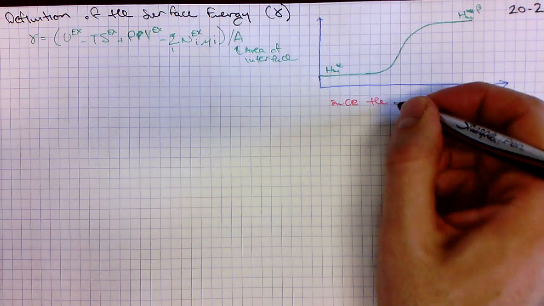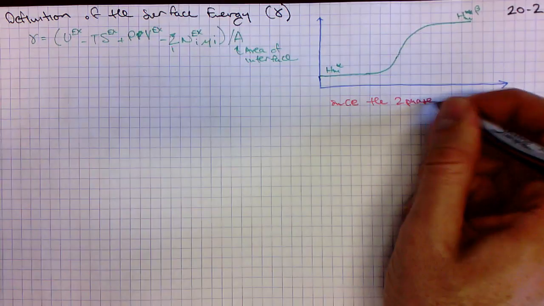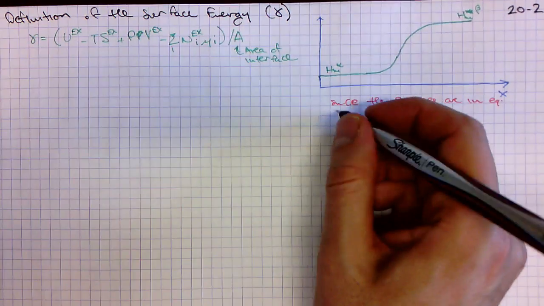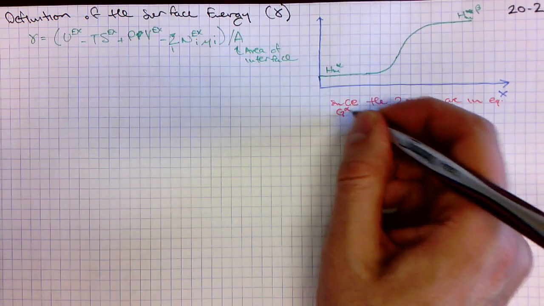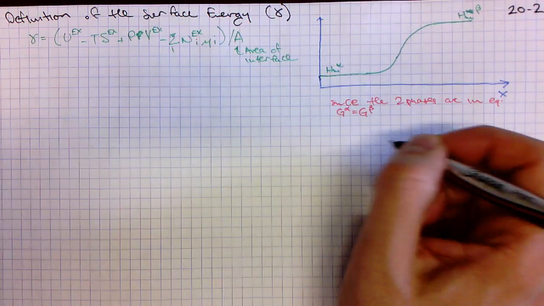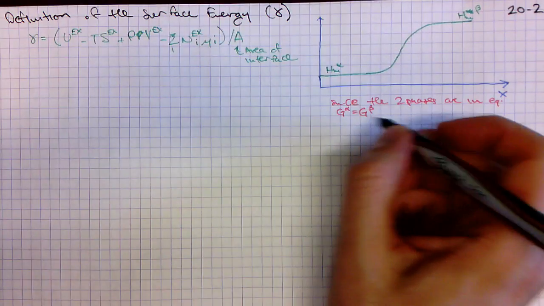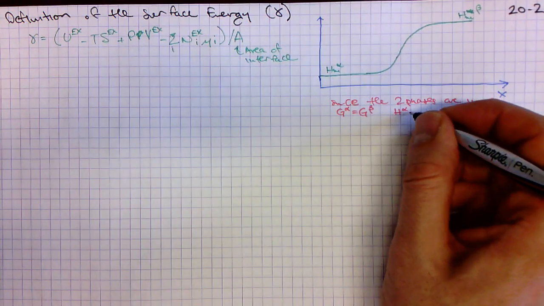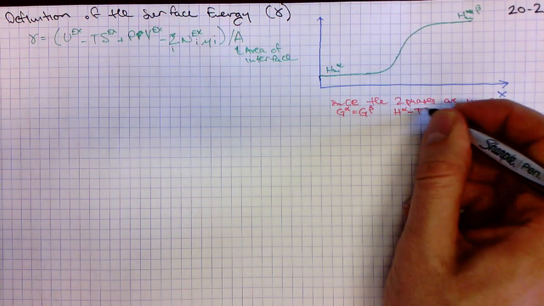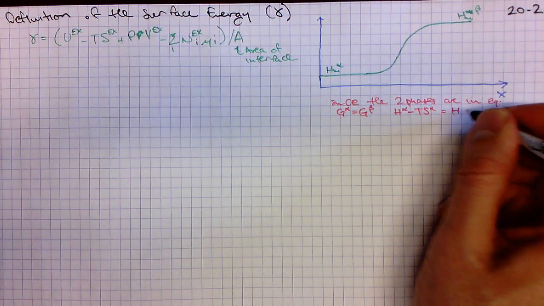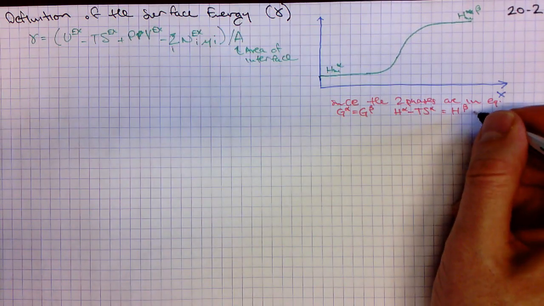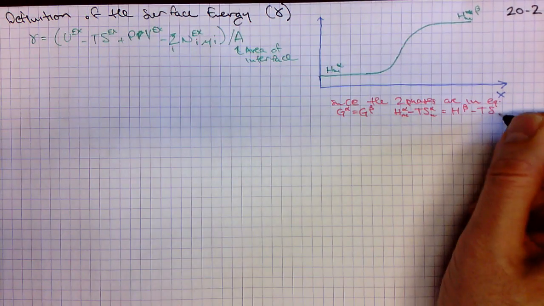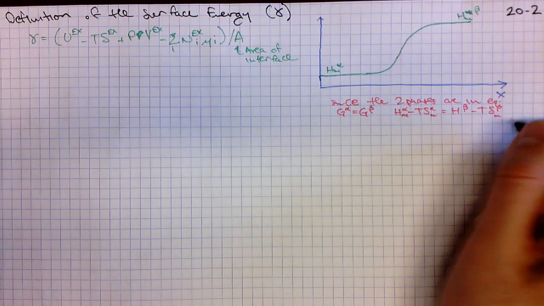So we know that since the two phases are in equilibrium, the Gibbs free energy of the alpha phase has to equal the Gibbs free energy of the beta phase in the bulk. And so H alpha minus T S alpha has to equal H beta minus T times S beta, per mole.